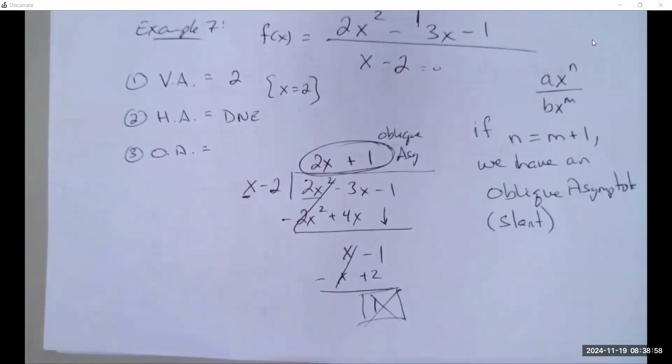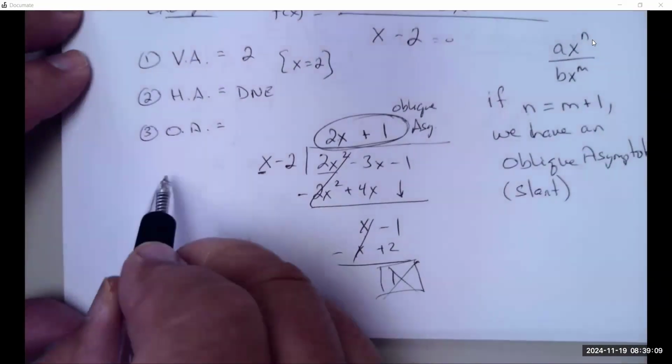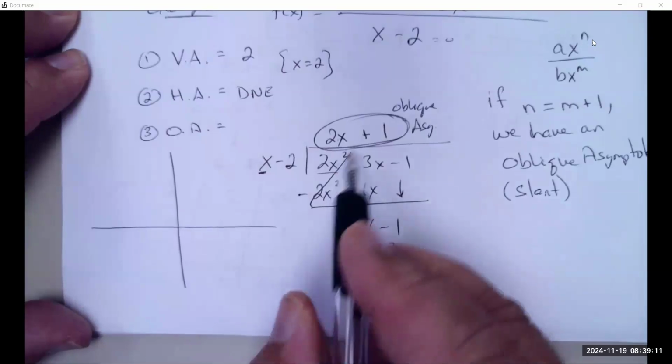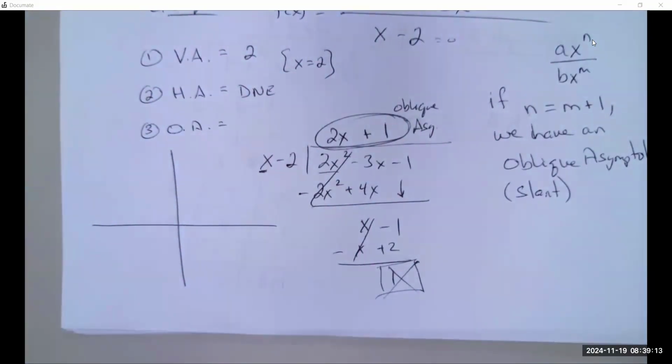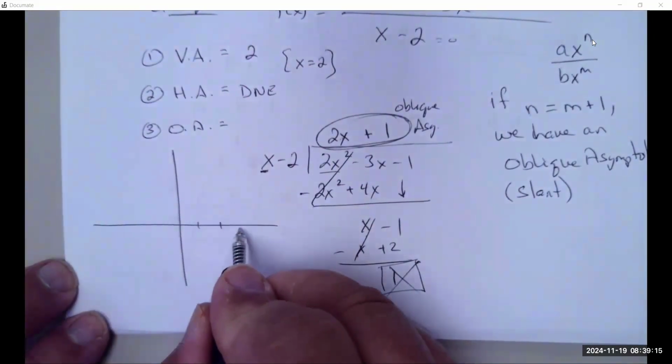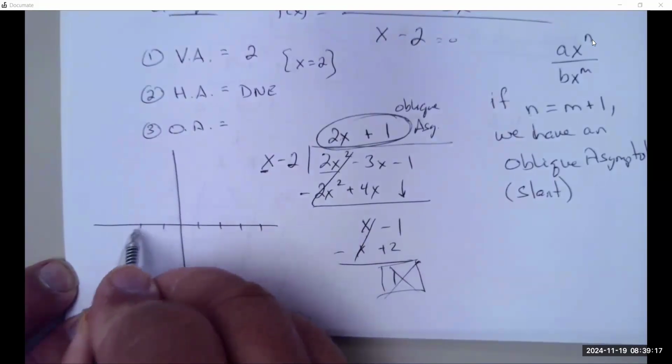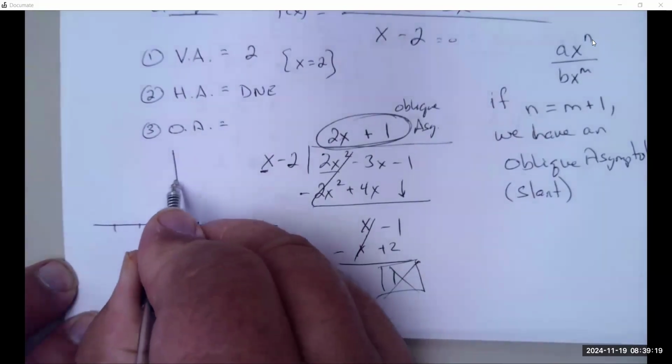Because if the bottom is ever smaller than the top by 1, we're always going to end up with a linear equation. It's always going to happen. So what does this graph look like? What does 2x plus 1 look like? Remember, that's how we started off the semester. It's a linear equation.